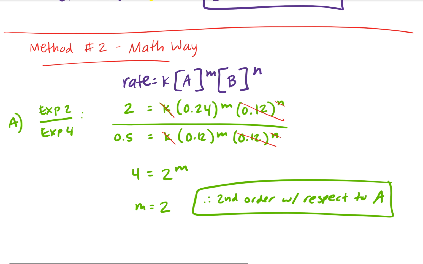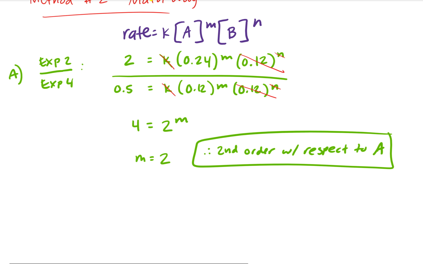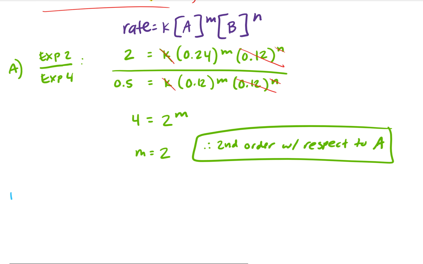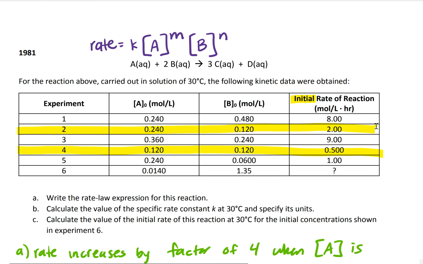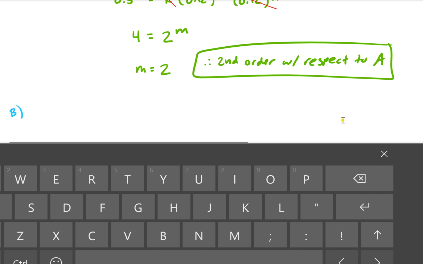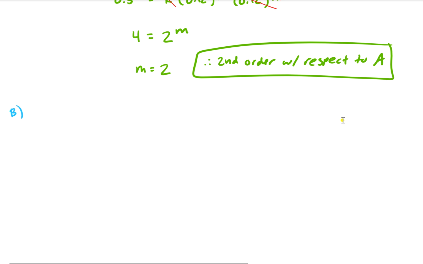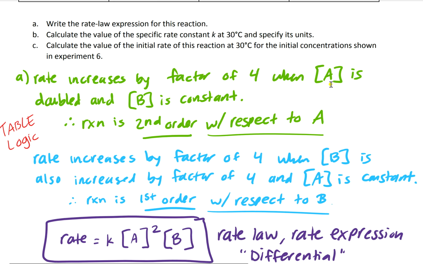So I've just used the mathy way to solve for the order of A, and we're going to repeat this for reactant B. I need to choose 2 experiments in which A is remaining the same, but B is changing. So I want to choose experiment number 1 and experiment number 2.